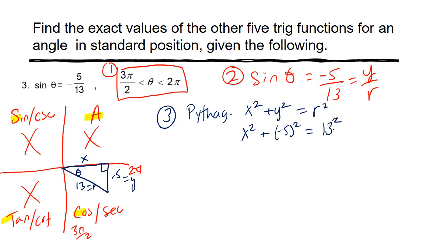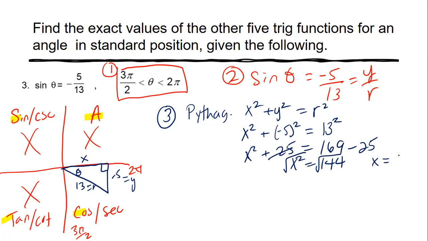So we have x squared plus 25 equals 169. I'm going to subtract 25, and I'm left with x squared equals 144. Take the square root, so x equals 12. Now I know the value of my x.